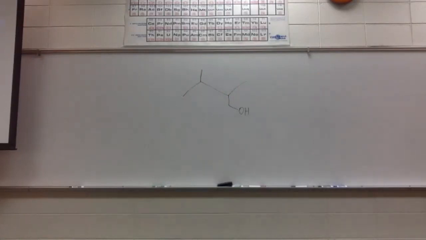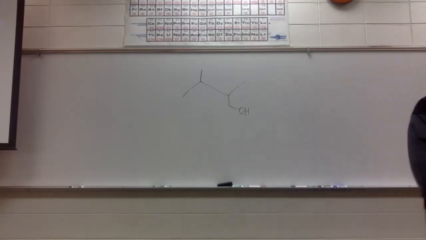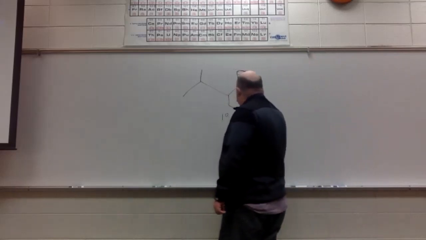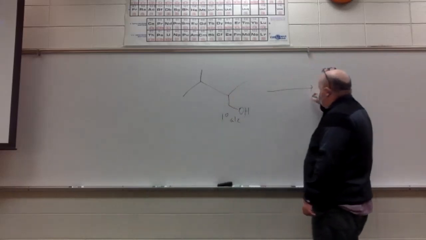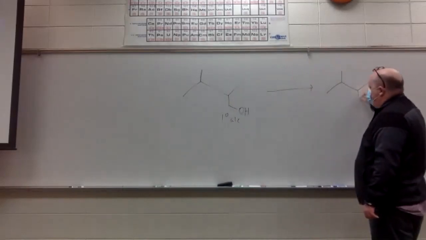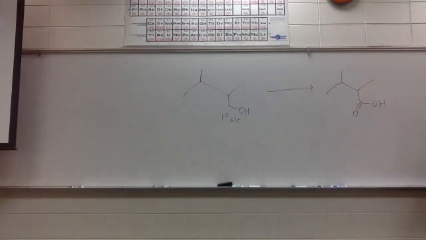Sometimes I like to draw these just because they're tricky looking. What type of alcohol do we have? It's primary. Kind of looks like a secondary, but it's not. It's primary. All right, so if you wanted to make this into a carboxylic acid, first of all, the acid would look like that. Since we're going from 1 bond to oxygen all the way up to 3 bonds, that means we need a strong oxidizer.